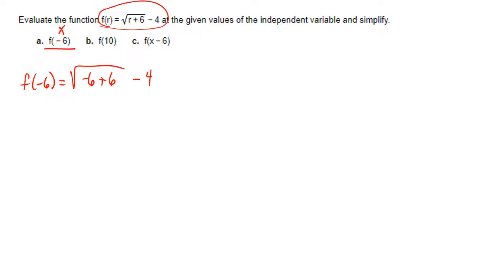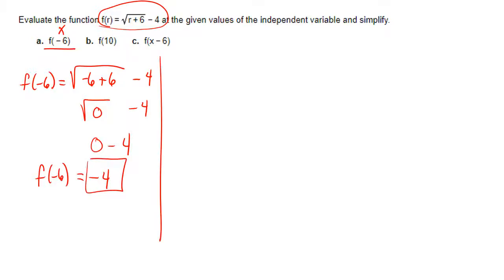Well, -6 plus 6 is 0, and the square root of 0 is 0, and 0 minus 4 is -4. So we would say that the answer here for part A is -4. It's just simply a matter of substitution.